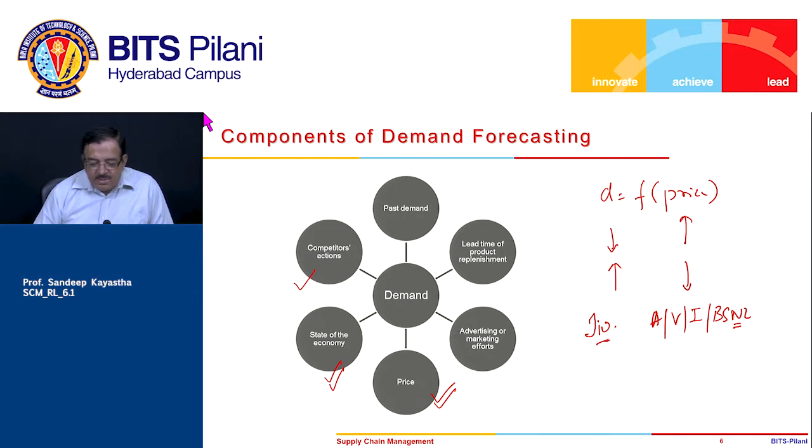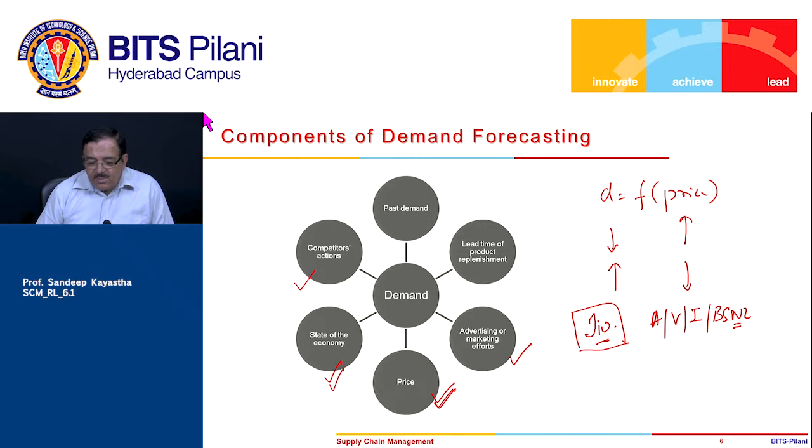Not because they have increased their price, which has actually remained the same or come down, but because of the way Jio is pricing and promoting its new offerings. So how the competitors are going to act in the marketplace also affects your demand. Another factor is advertising or marketing efforts.